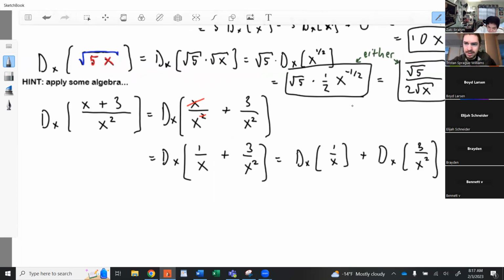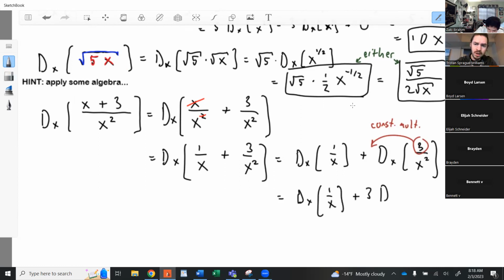And then we could even take this 3 and pull it out using the constant multiple. I'm getting us as far as we can go without using the power rule. Okay, so now the things we actually need to differentiate are 1 over x and 1 over x squared.